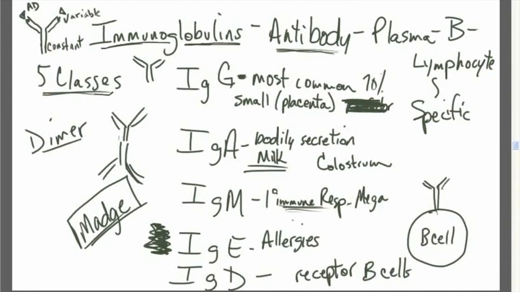So when we talked about naturally acquired passive immunity last night, we were talking about IgG antibodies coming across the placenta from mom into baby, which helps to give the baby a good portion of its immune system for the first few months.